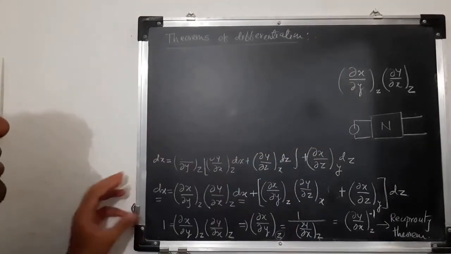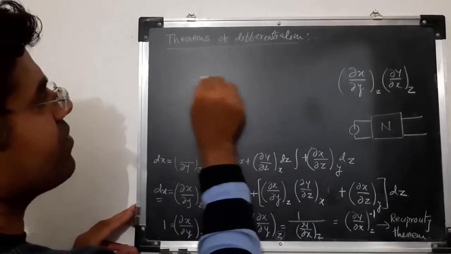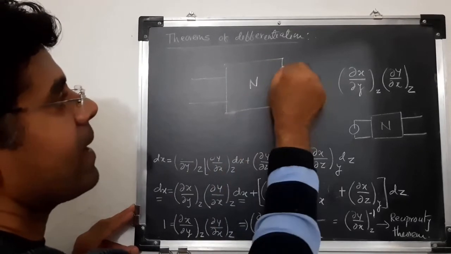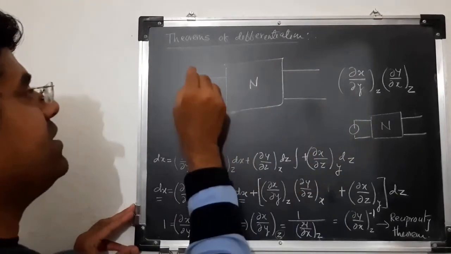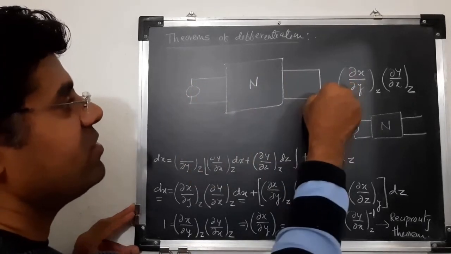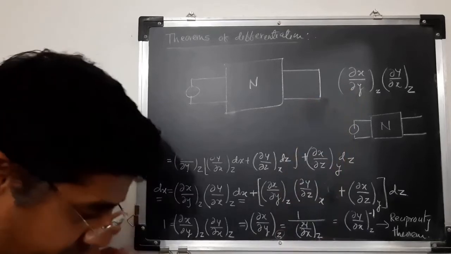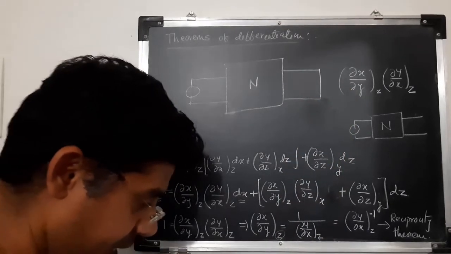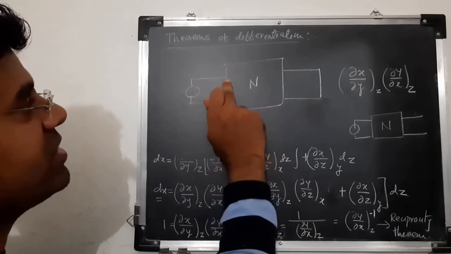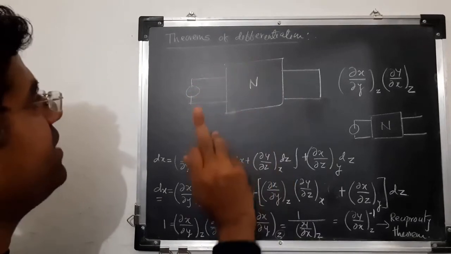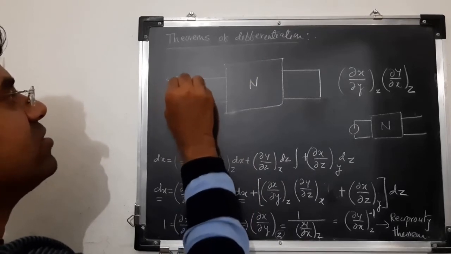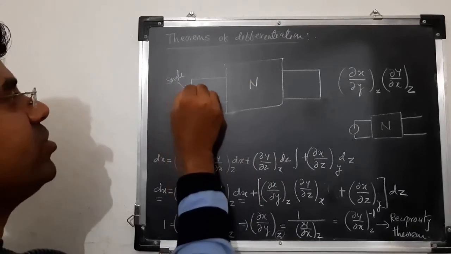Please understand the concept only here. It might be applicable or not. So the theorem is for a linear bidirectional single source network. Bidirectional means both sides. So this is your network, and which has your single source, positive, negative.